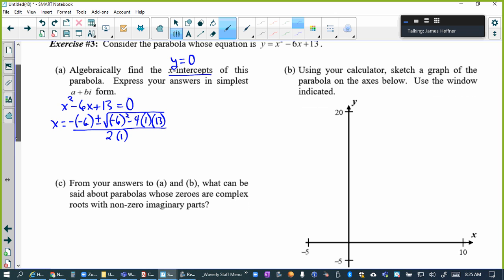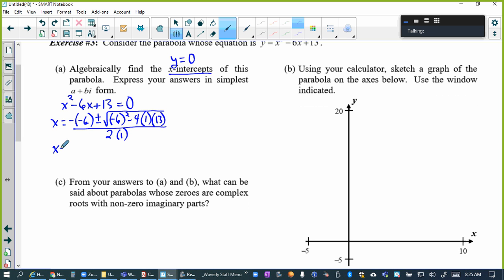Well, let's get to simplifying then. It'd be positive 6 plus or minus the square root of 36 minus 52, which is 4 times 13, all over 2.